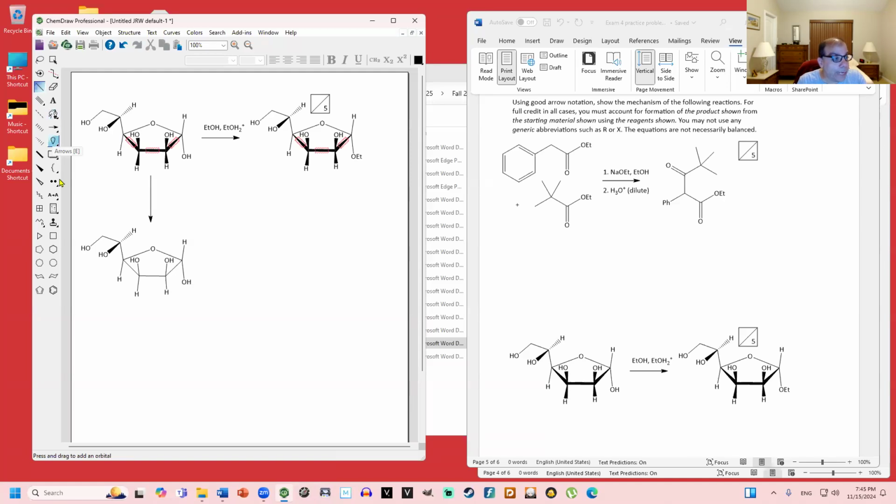But the first step is going to be, if you'll recall, protonation of the OH group on the anomeric carbon, on the hemiacetal carbon. This is exactly the same mechanism we discussed in chapter 19.